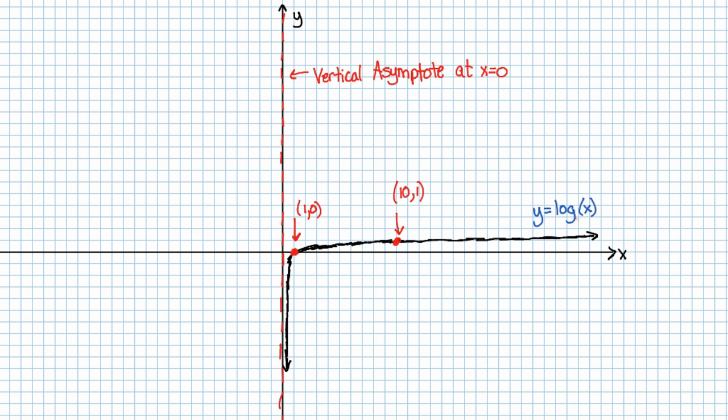If this is a log base 2 logarithm, then we plug in 2 for x and we get out 1. And finally, we have a vertical asymptote at x equals 0, because recall that you cannot plug 0 in for x into the base logarithmic function. Also note that the domain is all positive numbers, and the range is all real numbers.